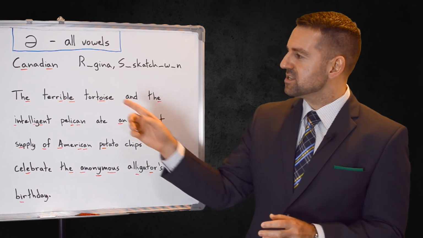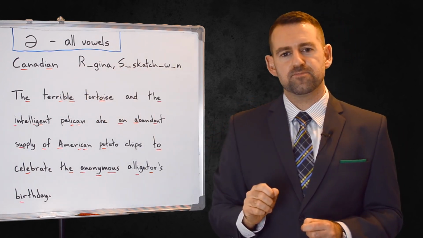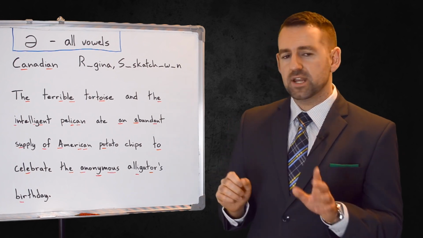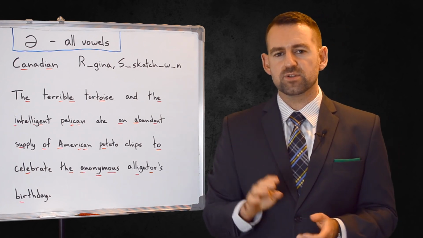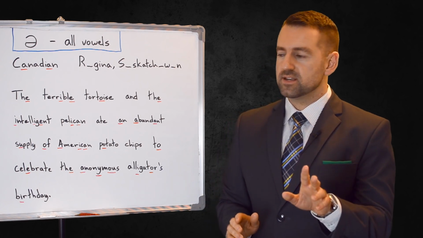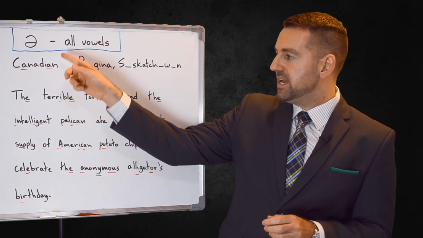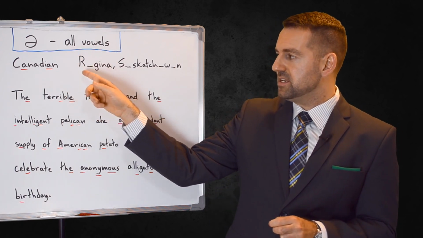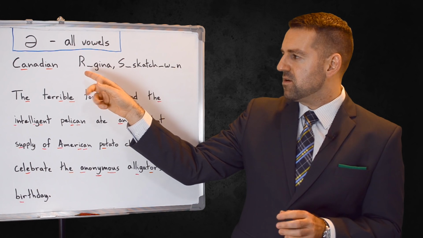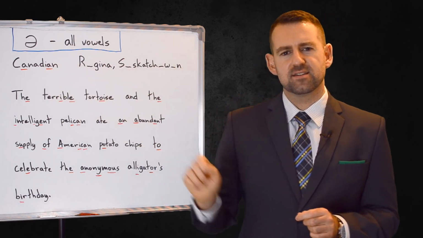Okay, so look at this example here. Canadian. All right, now Canadian has 4 syllables. Okay, and the stress is on the second syllable. Canadian. All right, what happens to this A and this A?